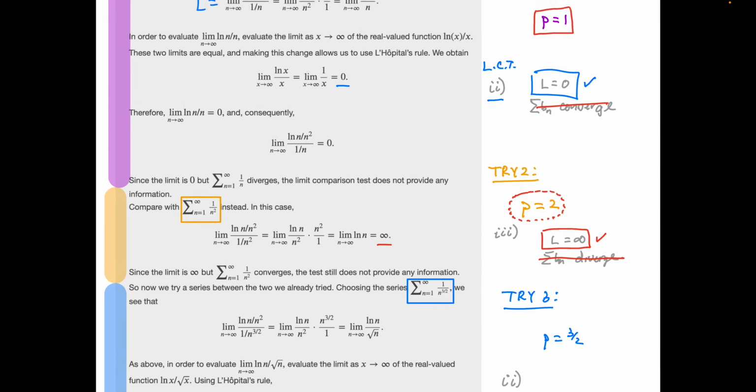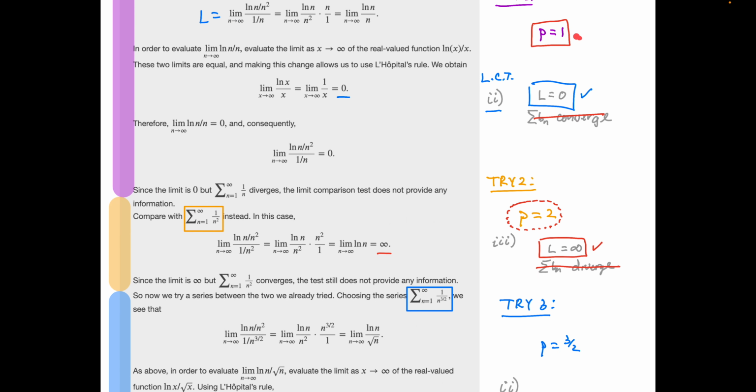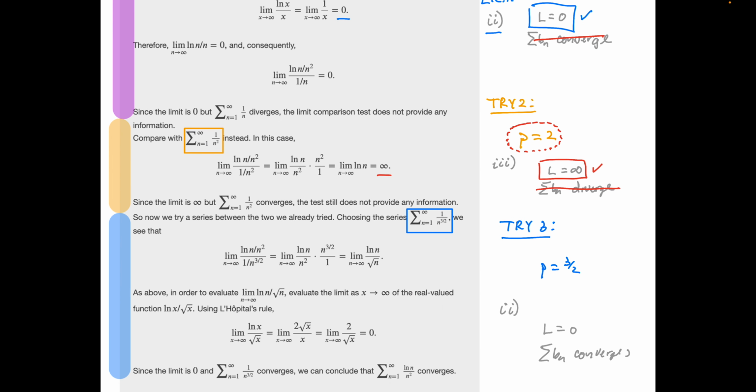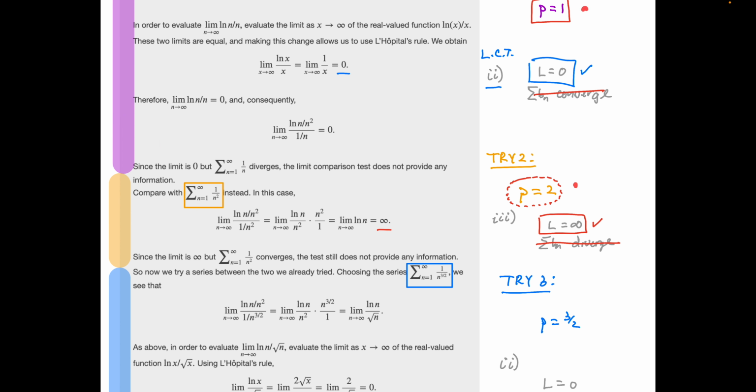When we look at these two tries, we've tried p equal 1, we've tried p equal 2. The third try is to split the difference, with p equal 3/2.